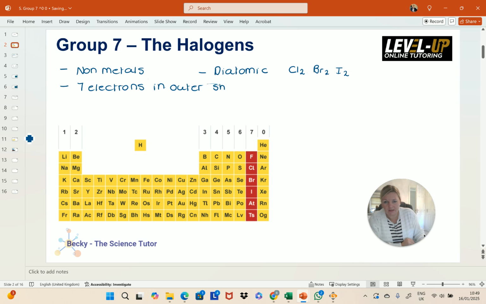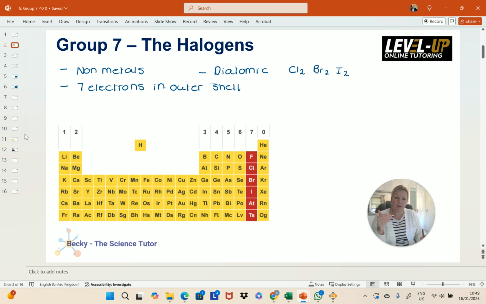Remember that atoms want to have 8 electrons in the outer shell. So what the halogens do is they share 1 electron each, essentially completing their outer shells with each other. Okay, so we're non-metal atoms. We've got 7 electrons in their outside shell.